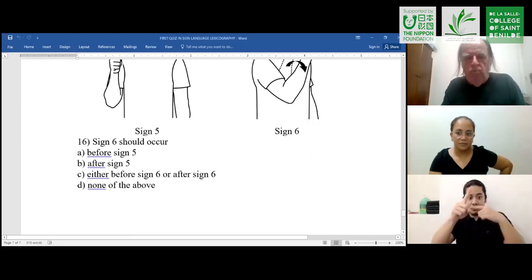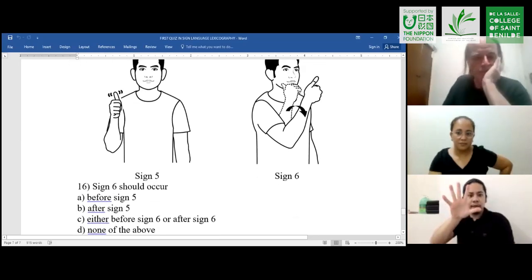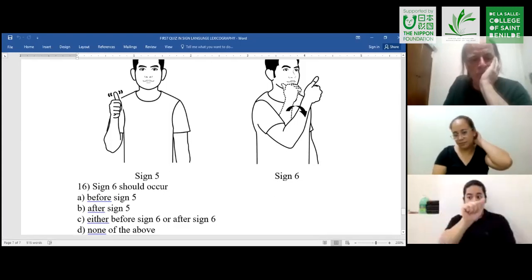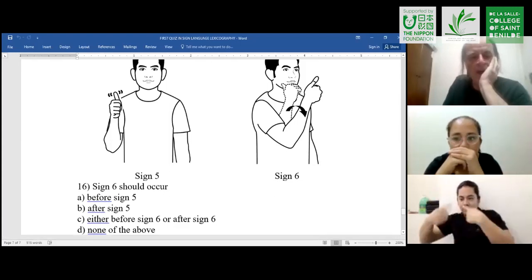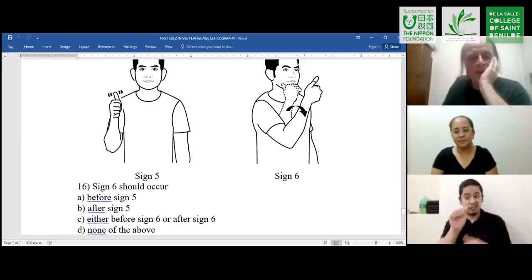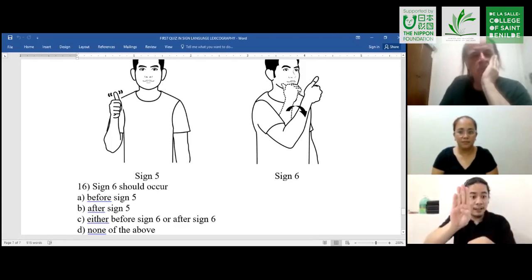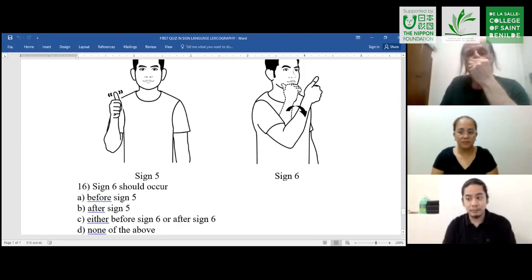So if I were to sign it, 6 would be if I changed it to 5. If we started off with 5, yeah. So that's why the answer is A. I put B because of the fact that it switched.